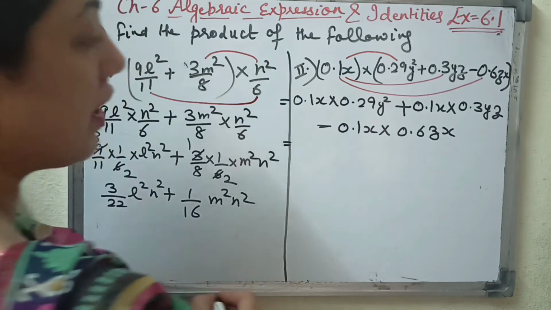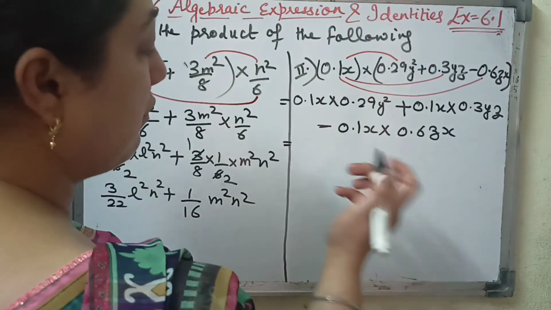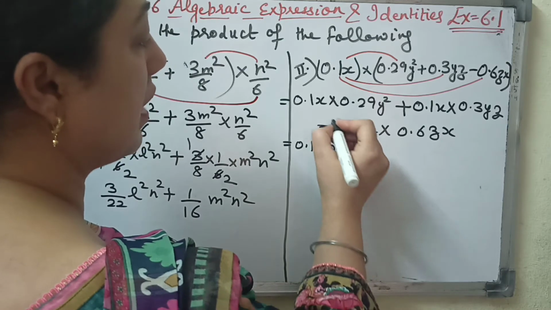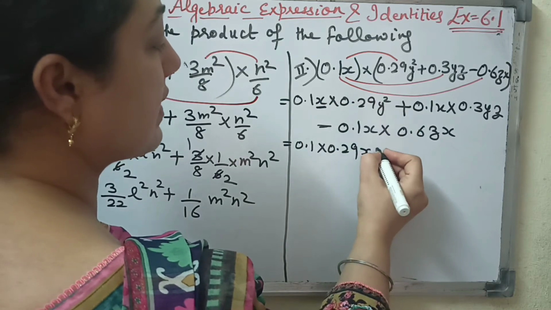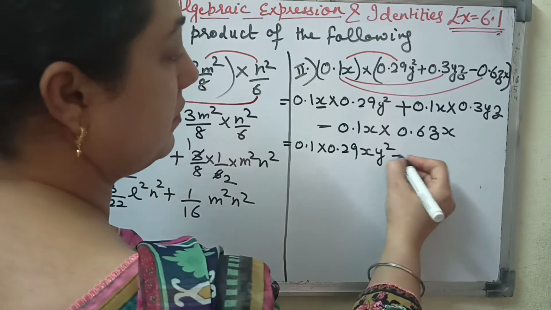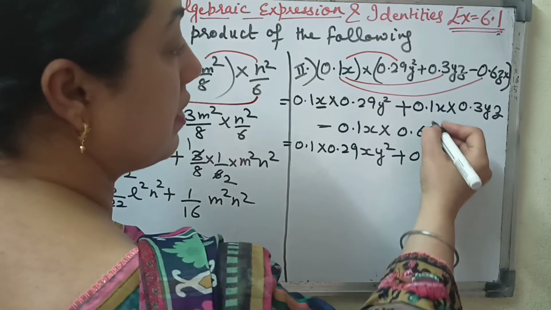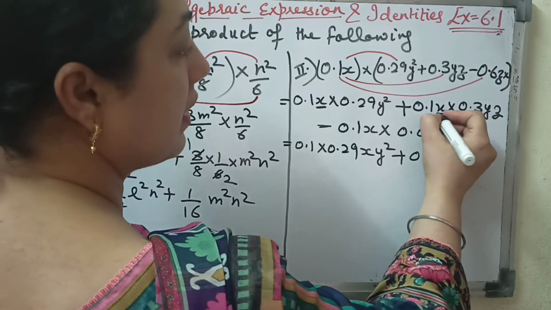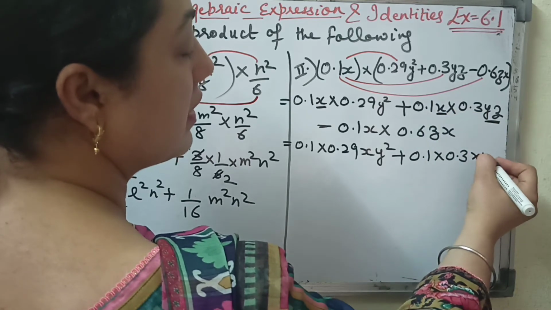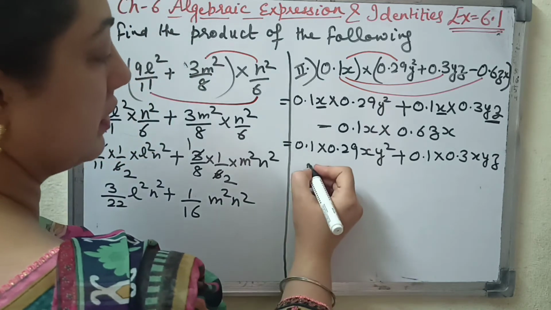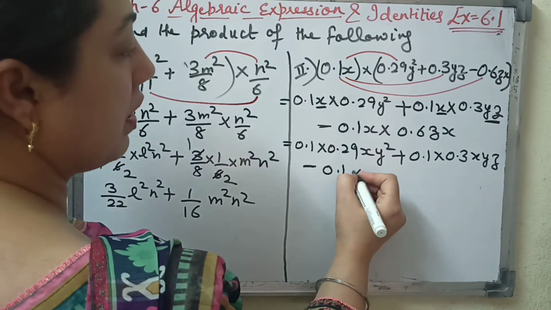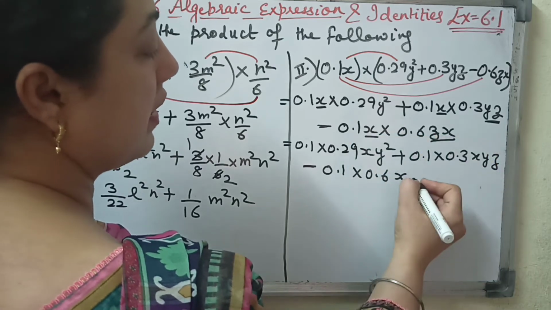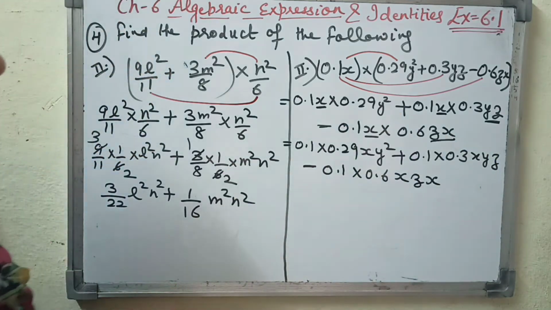Again, take all the constants together and variables together. 0.1 multiplied with 0.29 and the variable here is xy square. Again second term 0.1 multiply with 0.3 and variables are here xyz. These are multiplied with each other. And the third term is 0.1 into 0.6 and the variables are x and here is zx. Right?